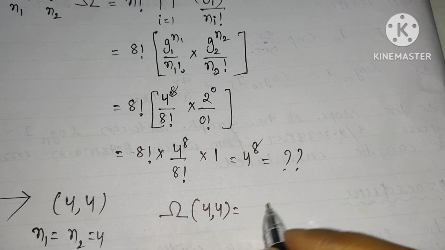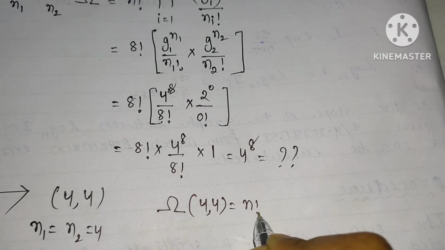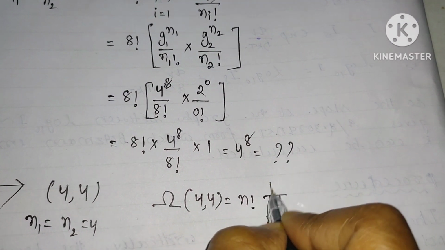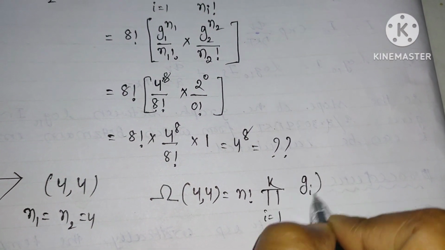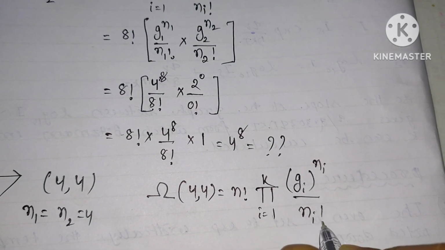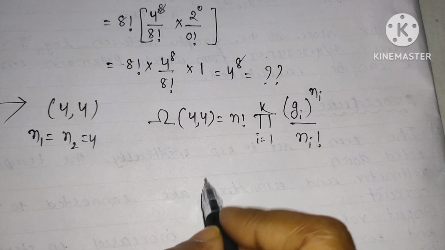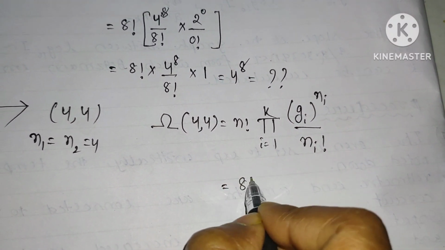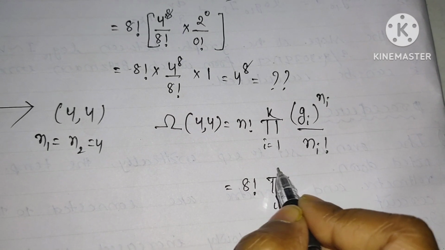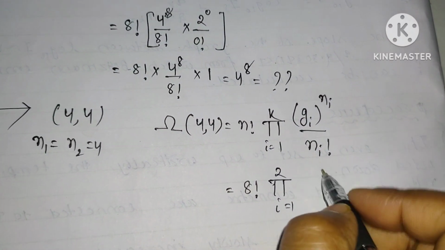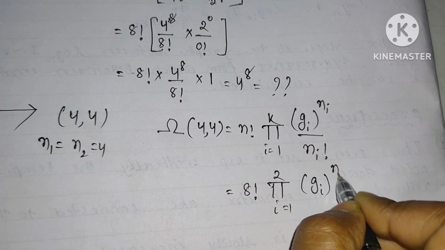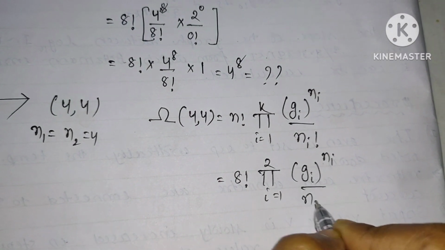You have to recall the formula, that is n factorial, product over i equal to 1 to k, gi power ni divided by ni factorial. So there are 8 particles, so this is 8 factorial, product over i equal to 1 to 2, gi power ni divided by ni factorial.